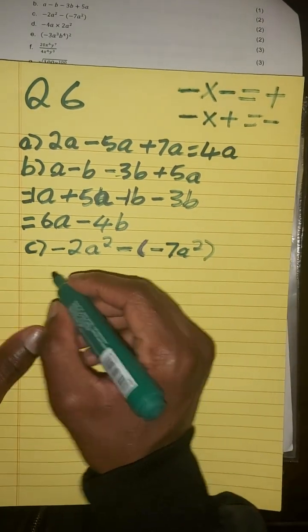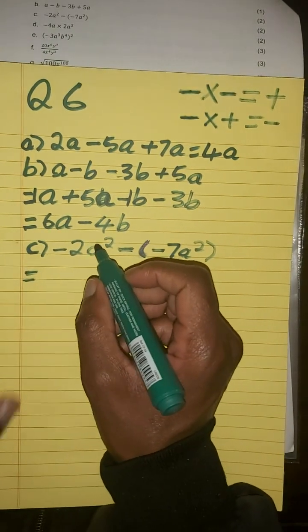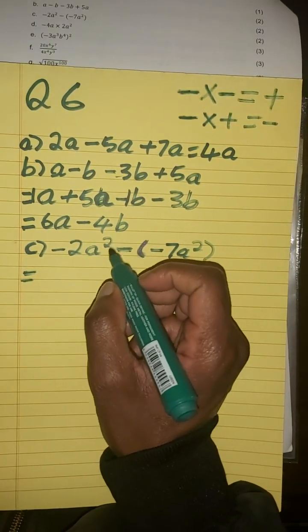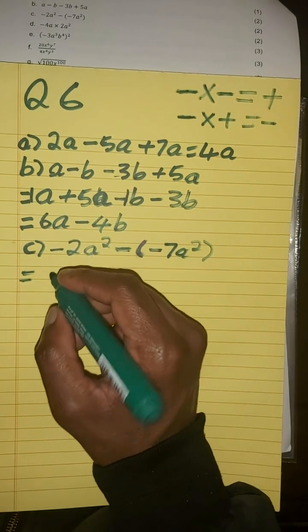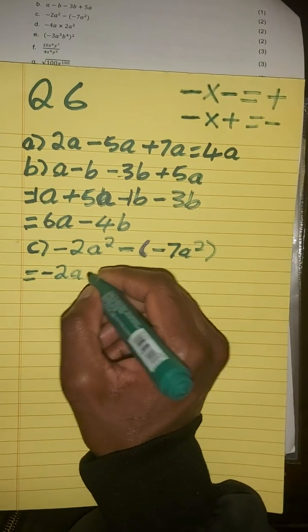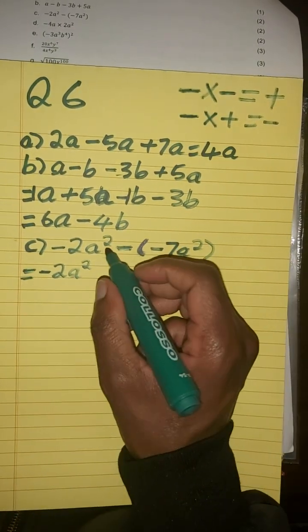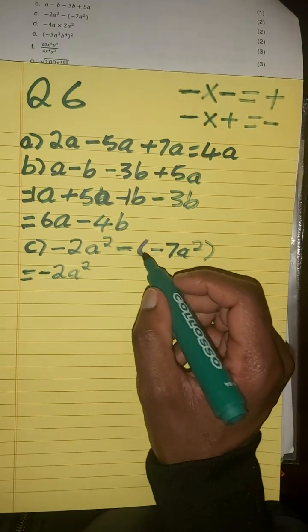All right, so what we do here, guys, for C is that this term that is not having a bracket next to it is going to be dropped down. We are not using it for now because it doesn't have to be multiplied with anything since there is no bracket next to it. Then we come this side.